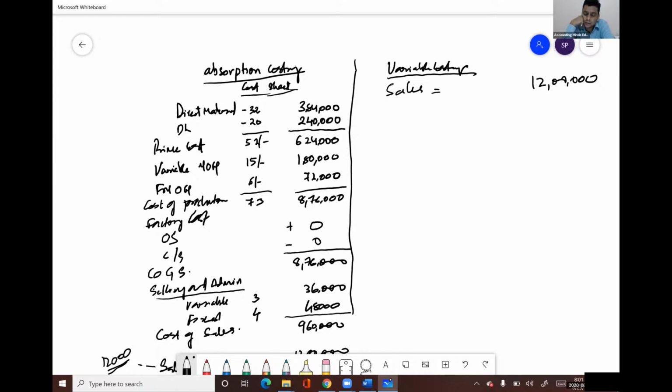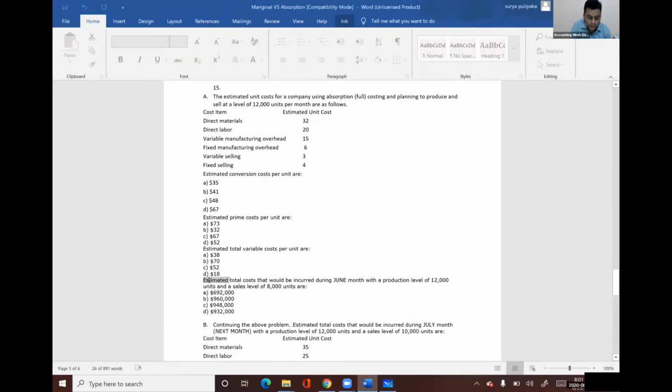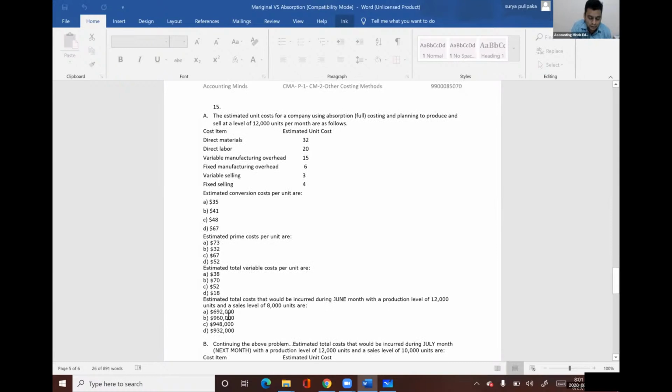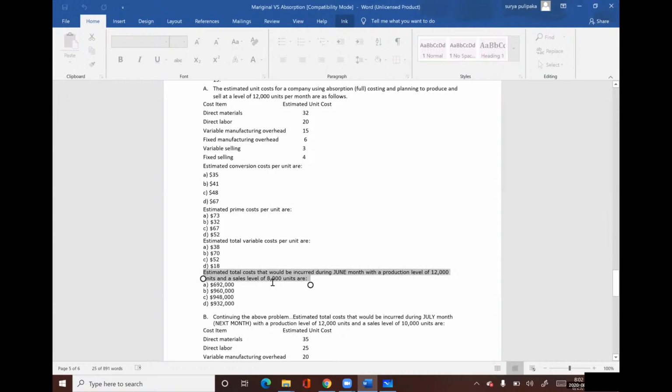Guys, getting it? No, that problem we solved. This part of the question I'm ignoring, as if it is not there. Here, how many units are they selling? 12,000. Sales level of 8,000 they are saying, no?